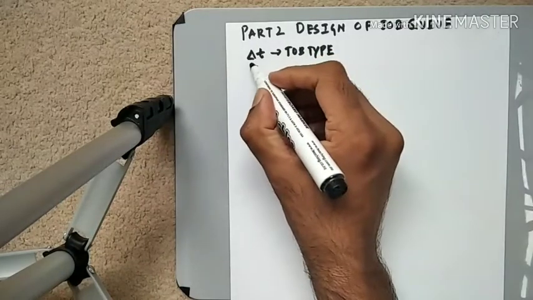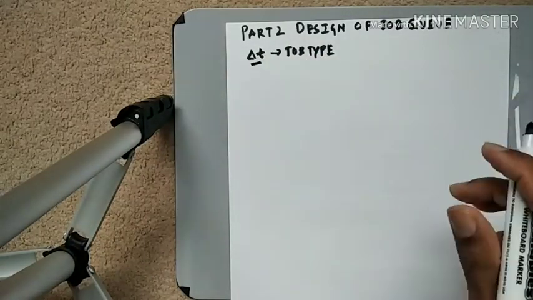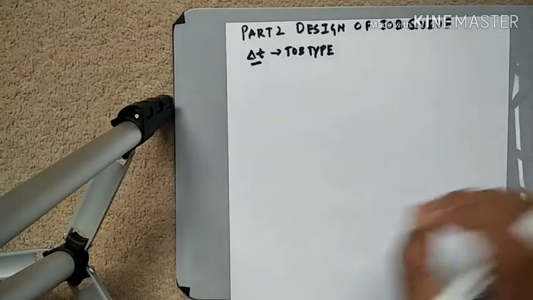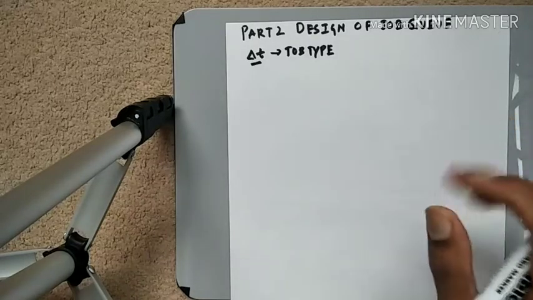This is the delta time period that we are defining. If the job is not completed by the worker within this delta time period, we can consider that the worker has failed to complete the job.